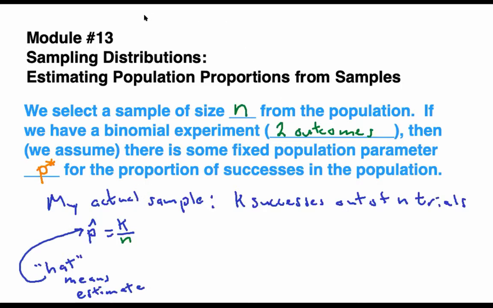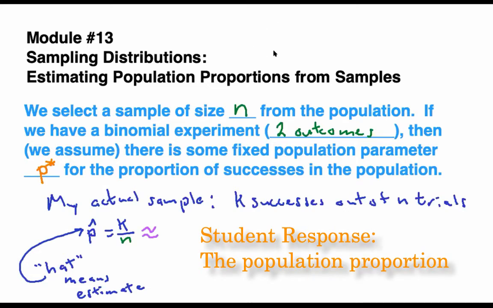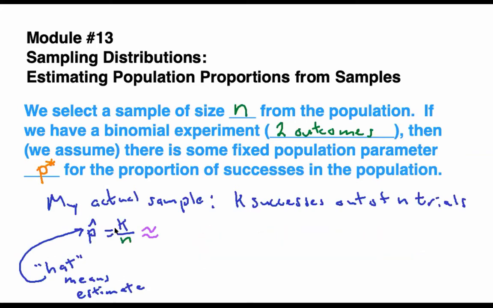Well, what are we trying to estimate? It's an estimate of what? We're hoping this P hat equals what? Yes, this is the proportion of the sample, and our hope is that this actually equals the population proportion, what we called P star.